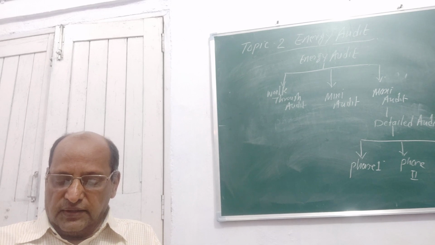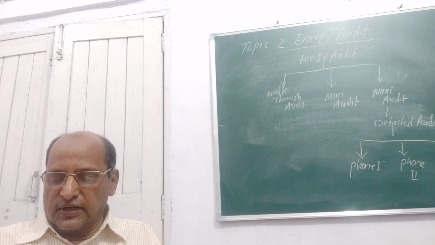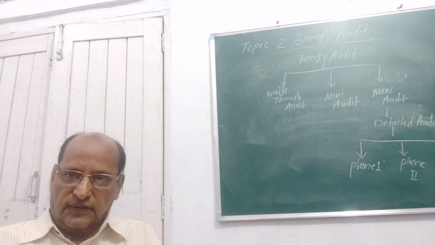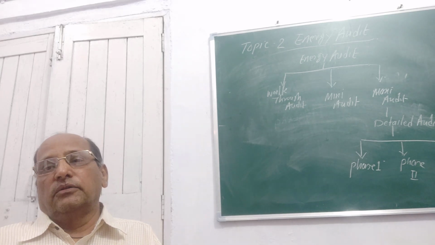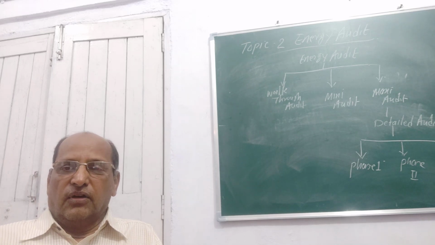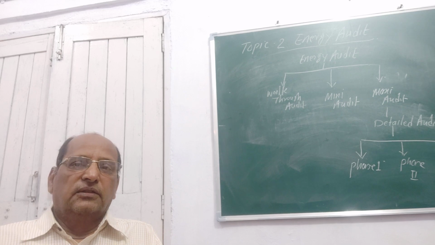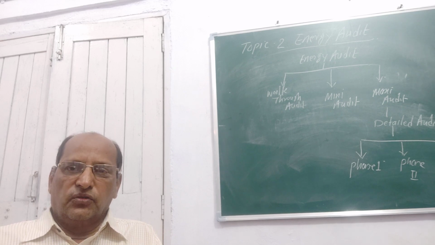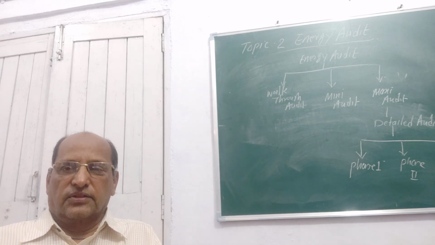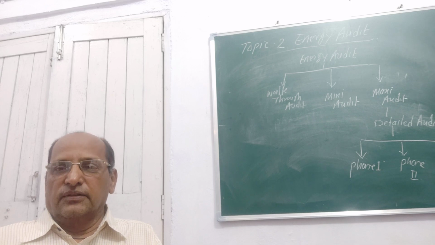Then the second point: discuss the economic guidelines or financial strength, or SWOT analysis. You have to find out by discussion with the plant manager what are the strengths, weaknesses, opportunities and threats in the system. That is called SWOT analysis.